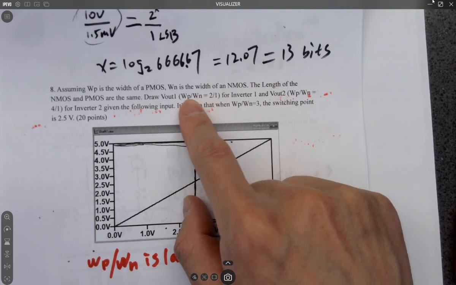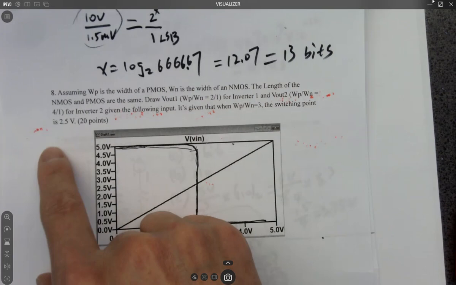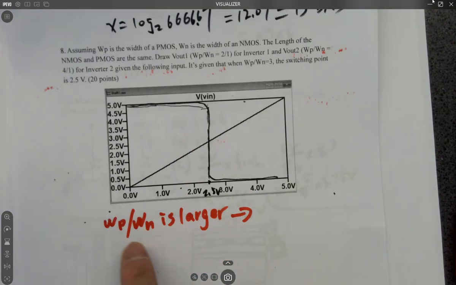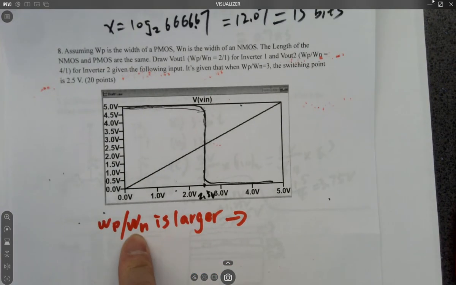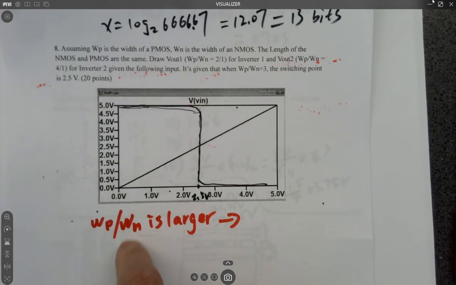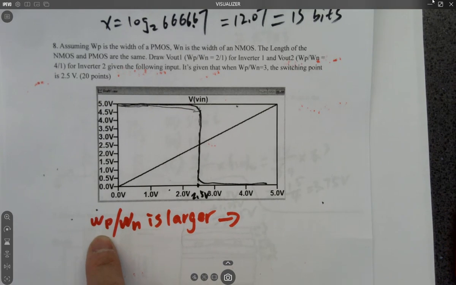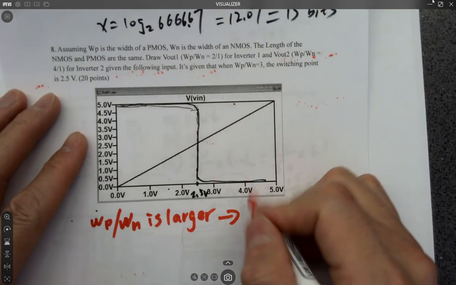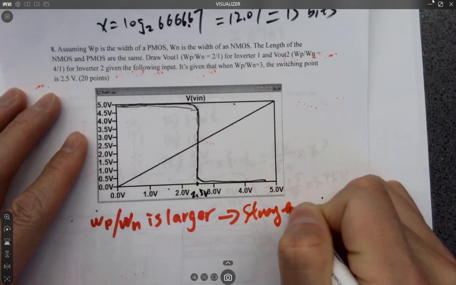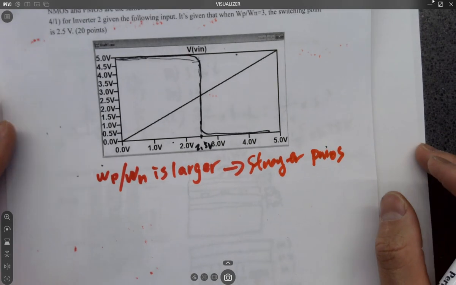Okay, so the PMOS over NMOS width is 2 to 1, and the other is 4 to 1. If I have a larger WP over WN, what does that mean? A larger PMOS, I mean, just a stronger PMOS. So what does a stronger PMOS mean?